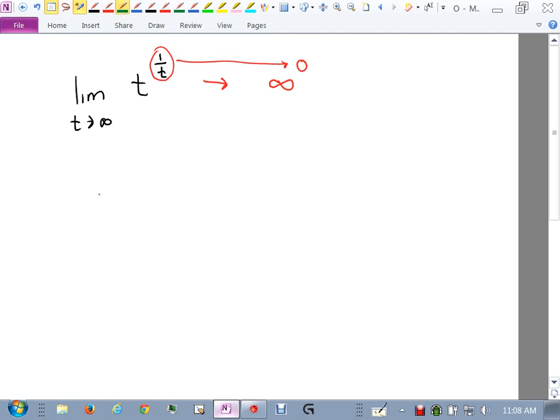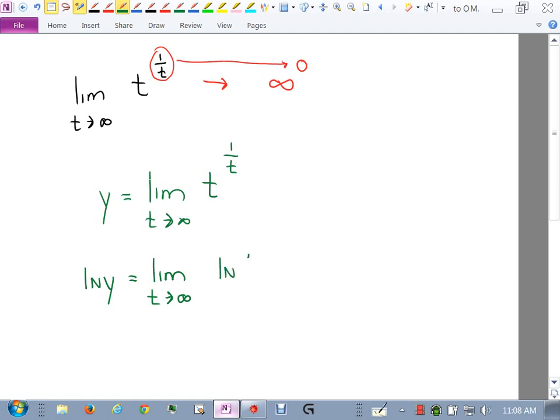The way to do this, see if this rings a bell. Rewrite the problem, calling our limit y. So I want to know what y is, don't I? And now I take the natural log on both sides of this equation. Whenever you take a natural log, you can pass the natural log through the limit. Why in the world would I come in with the natural log here?